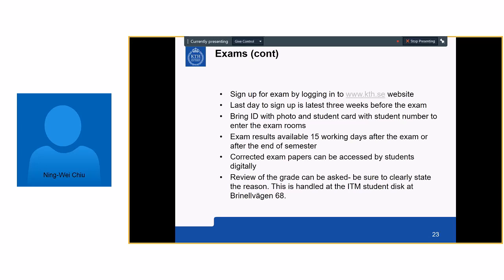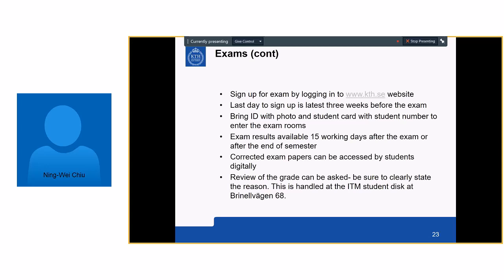Some words about cheating. This has occurred actually, not in this course, I believe, but in other courses. So if you're caught cheating, that would lead you to 6 months suspension. That means you're not legally allowed to be on campus for 6 months.